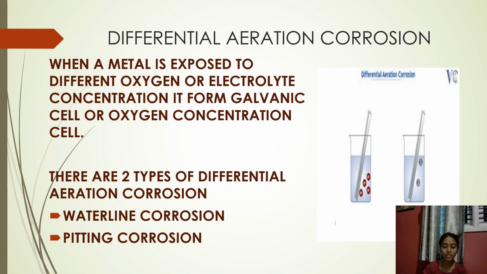The part of the metal below the impurity, which is in contact with less oxygen concentration, acts as anode and undergoes corrosion, protecting the other part of the metal. Corrosion starts just beneath dust particles, resulting in formation of a small hole known as a pit. Since this type of corrosion results in formation of a pit, it is known as pitting corrosion. Once the pit is formed, the rate of corrosion increases. For example, less aerated areas of machinery.